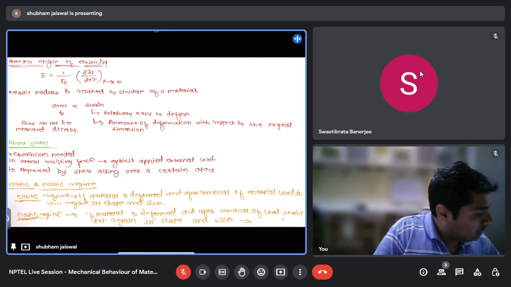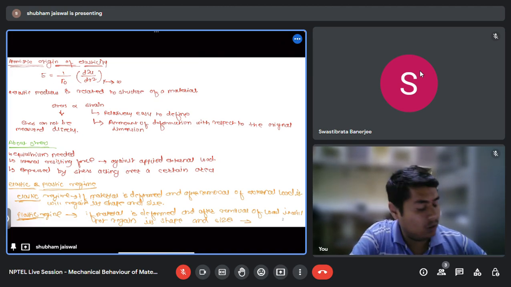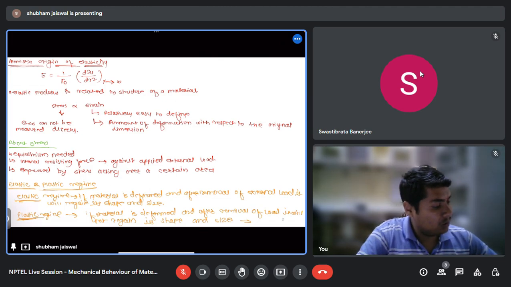So then we came across the concept of interatomic potential.